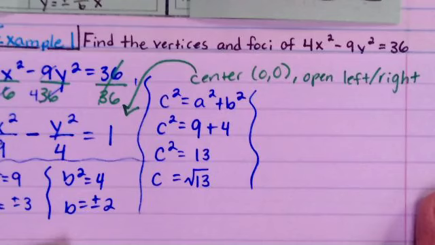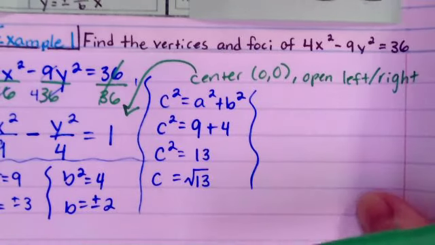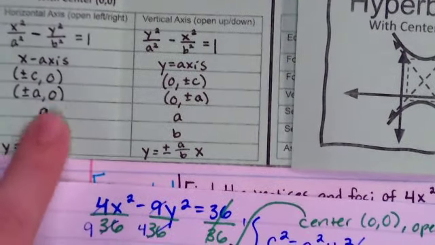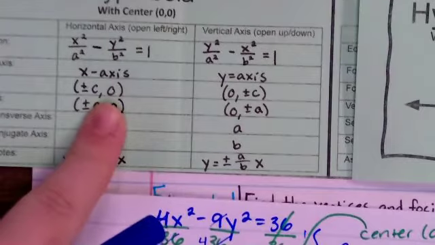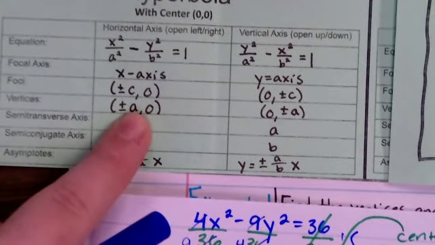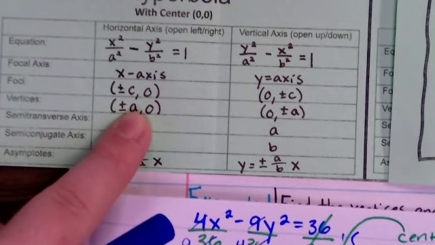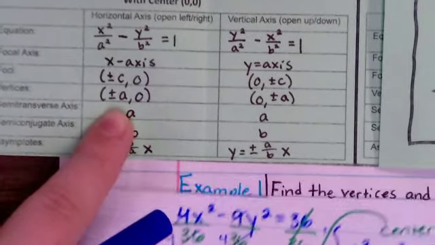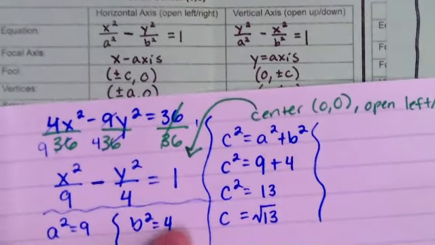Okay. And we should be able to use the correct set of equations to get our foci and our vertices. So I'm going to bring these up. These are the ones we're dealing with. We got foci and vertices. So it should just be for the foci, plus or minus C, 0. And then for our vertices, plus or minus A, right?